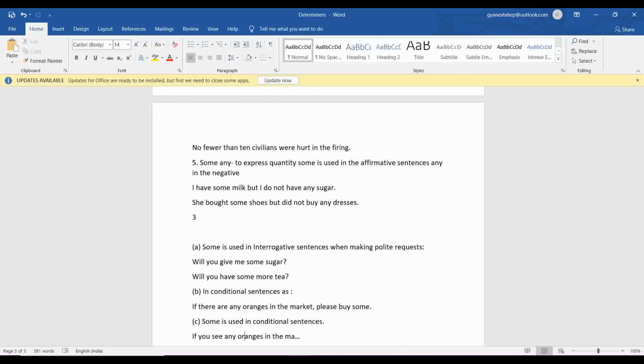If you see some oranges in a market, bring it for me. Any is used in interrogative sentences: Did you buy any stamps? Have you any articles on the recent events? I did not see any oranges in the market. This means negative meaning again, in interrogative also.